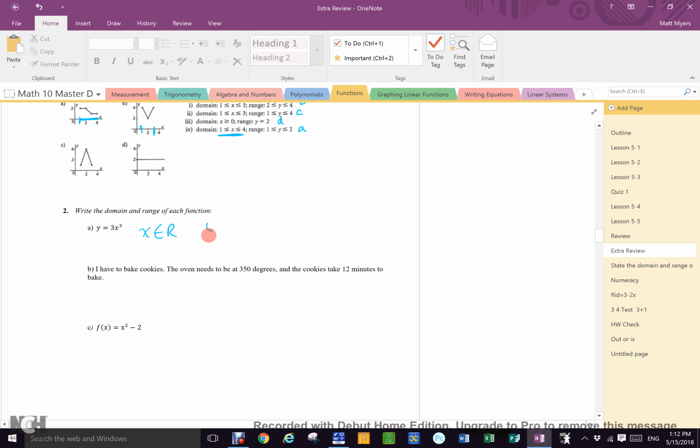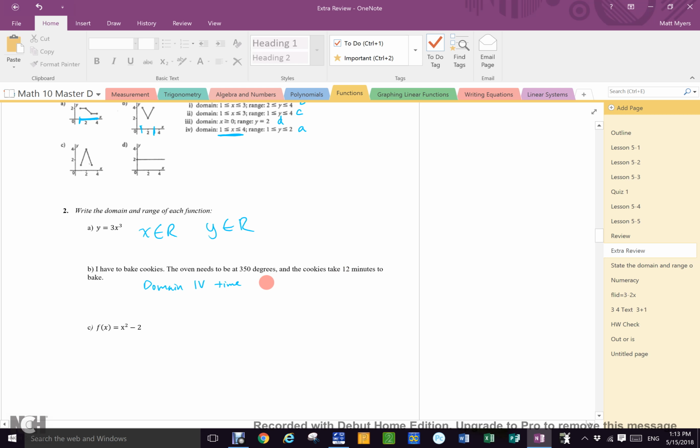I have to bake cookies. The oven needs to be at 350, and the cookies take 12 minutes to bake. So what is the domain and range? Well, the domain is the IV, which is time. So the time the cookies take to bake is 12 minutes.